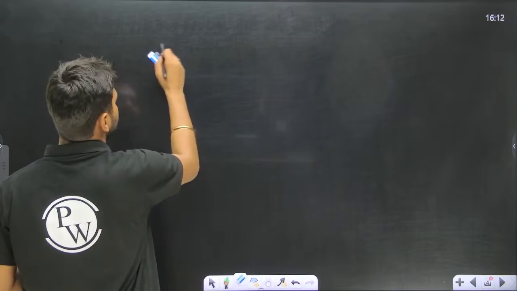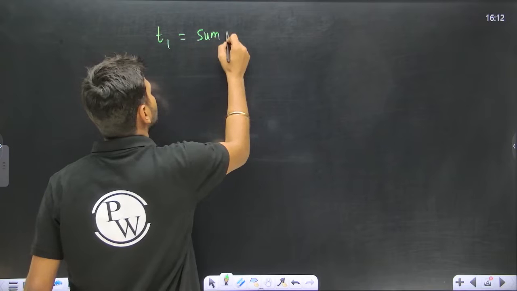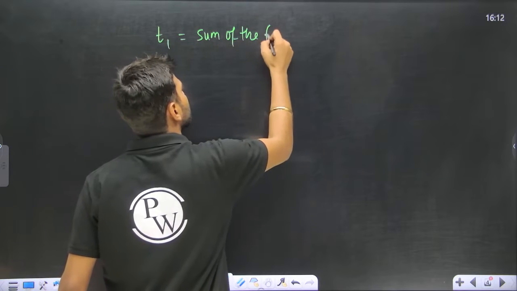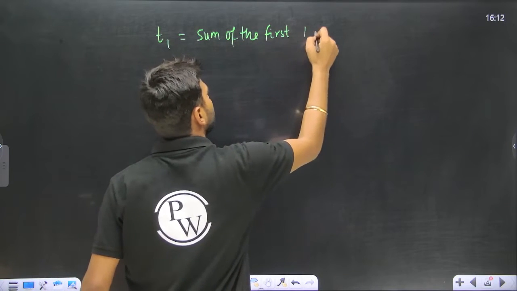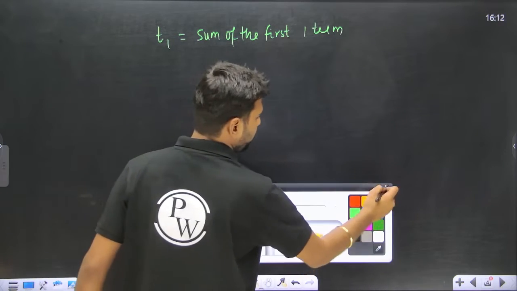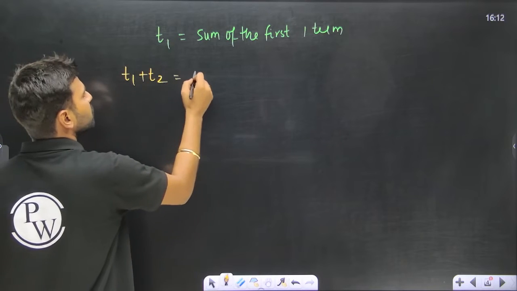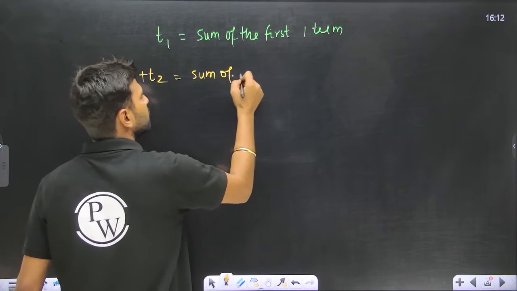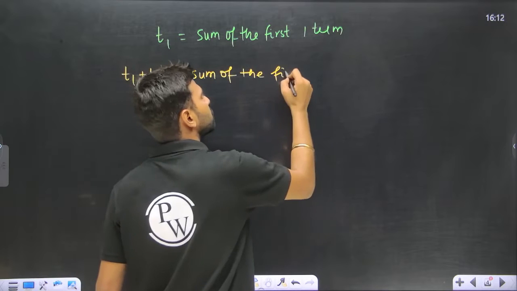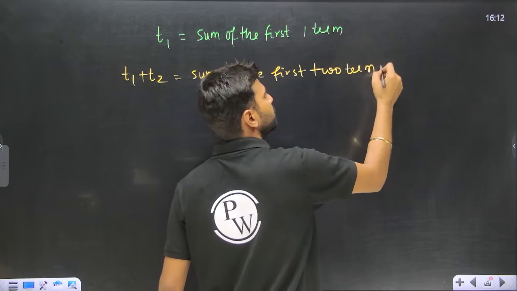So T1 is nothing but the sum of the first one term. Okay, what do you understand by this? I'll explain in case you are not aware of this. T1 plus T2 is the sum of the first two terms in a sequence.